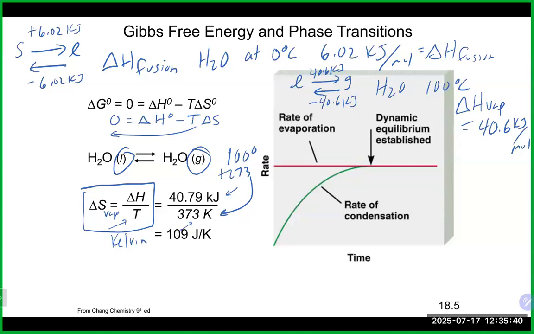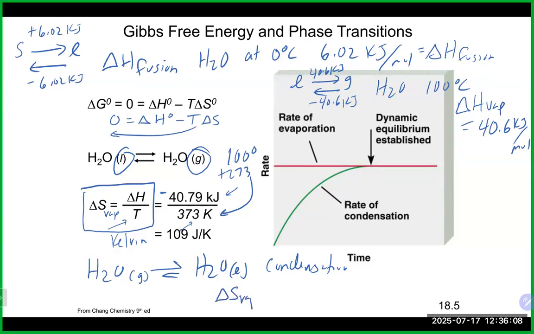Now, if we were going in the opposite direction, doing condensation, which would be in this direction, the only thing that changes in this case is that this delta H would then become negative. And the result is that your delta S of vaporization, or really in this case condensation, I'll write it that way, is going to be negative 109 joules per Kelvin.